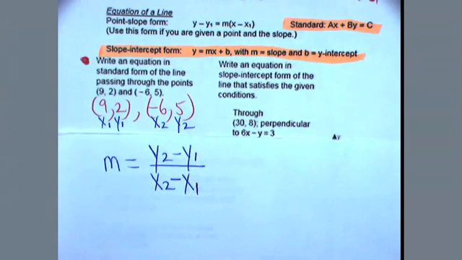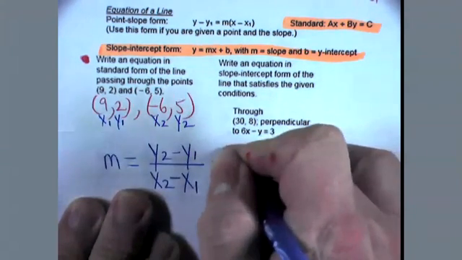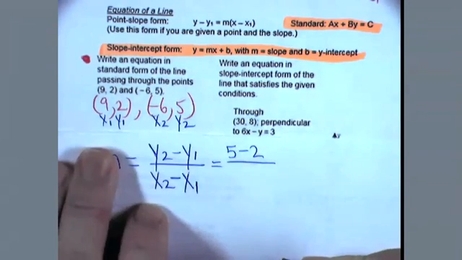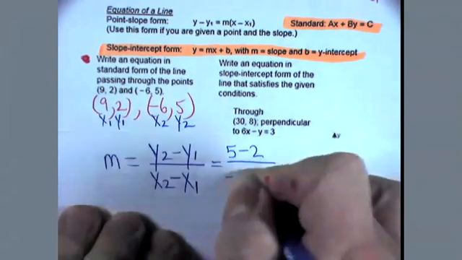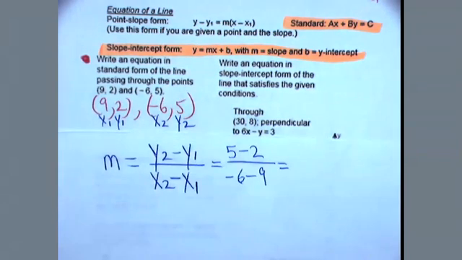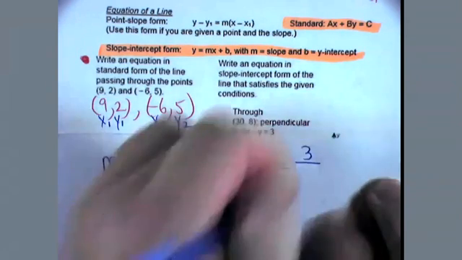So let's plug in all of our x's and y's carefully into our formula. Upstairs we have 5 minus 2, and then downstairs we have negative 6 minus 9. So this will give us 3 over negative 15.